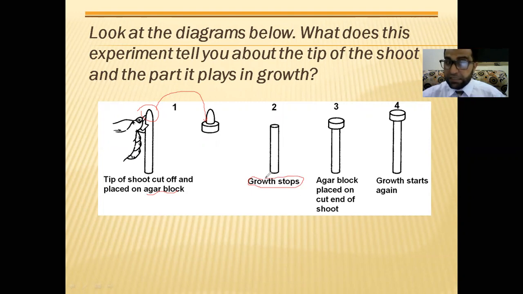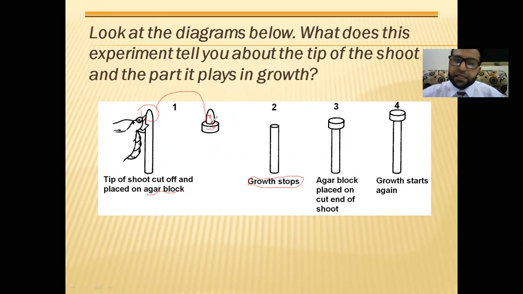So it means there is something that is produced by this tip and that has an important role in the growth of the plant. Later on, that chemical, if it is in the tip of this plant, is supposed to diffuse into this agar block.